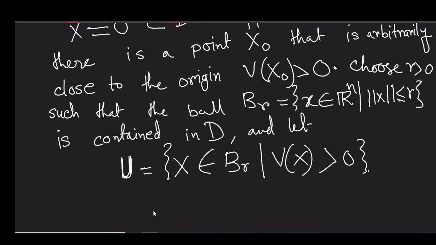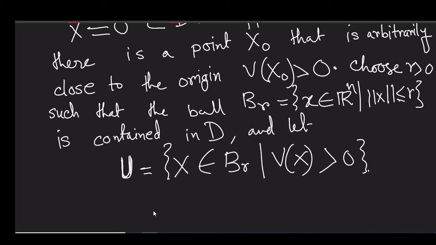Now we can say that U will be a non-empty set. How am I so confident to claim that U is going to be non-empty? Because by virtue of its definition, V of x can only be 0 at the origin. For all other points V of x is obliged to be greater than 0. We have defined Br as a ball where r is greater than 0.